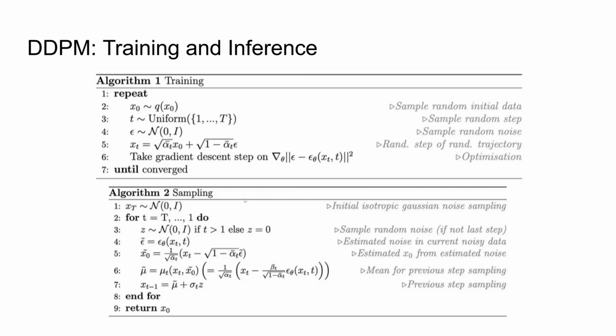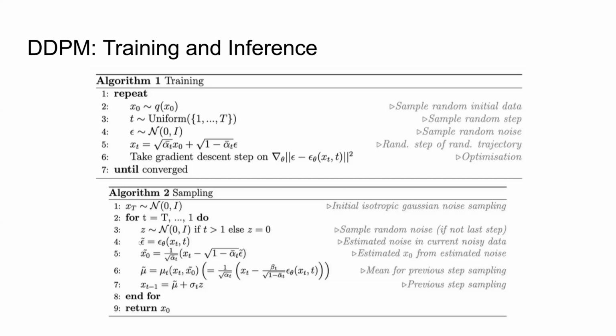Okay. Now, during our sampling process, because we want to arrive at the actual output, we still have to follow our Markov chain structure to go backward in time. The T time steps, we cannot escape any of them. And we first start with a random noise, because we are assuming that after applying T forward processes, our input data becomes random noise. So we just sample random noise. We sample each noise to be added at each time step.